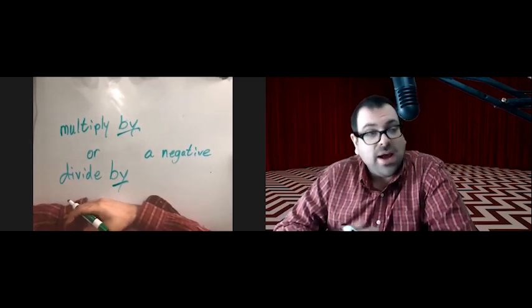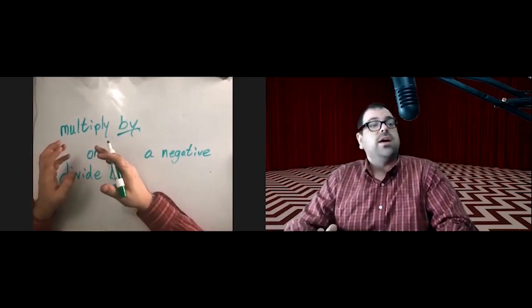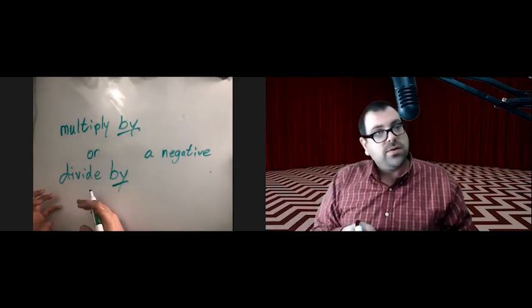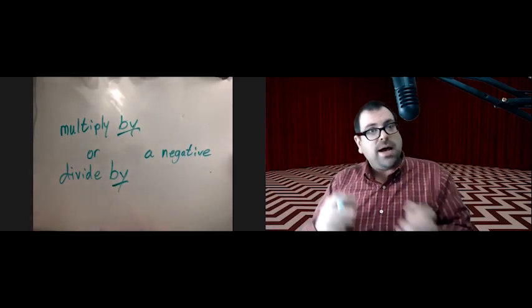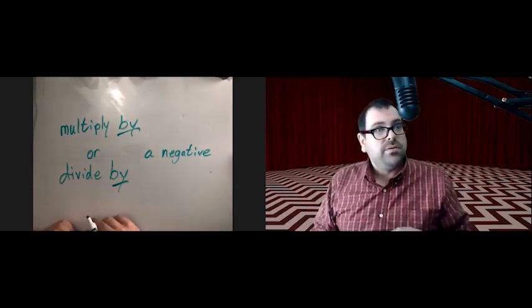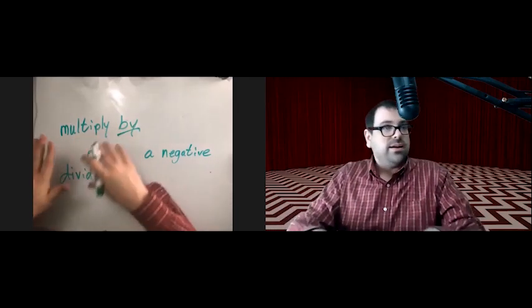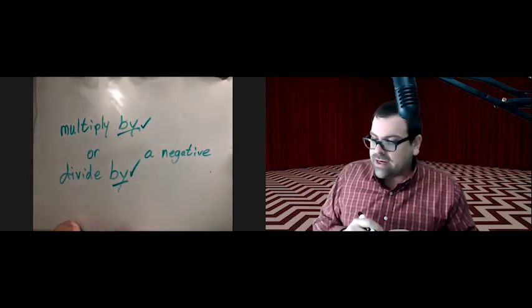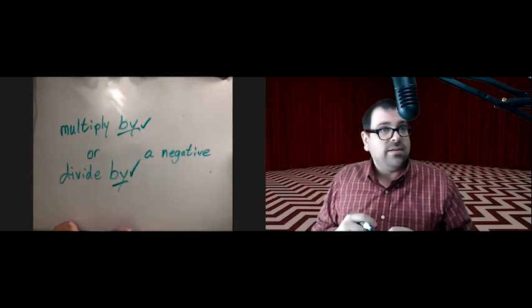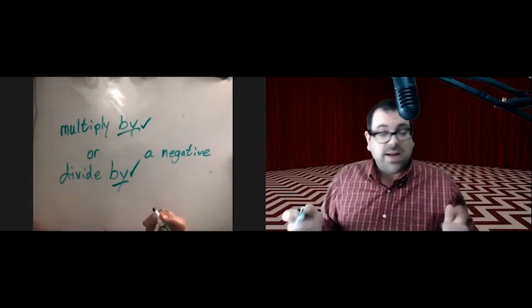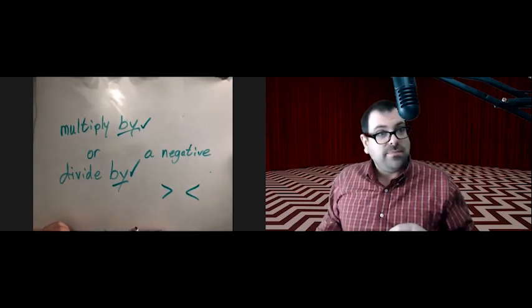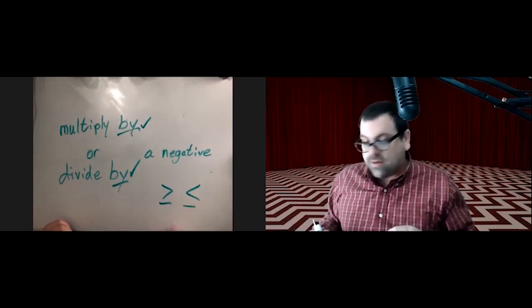It is only when you are taking what is there and multiplying it by a negative number, or dividing it by a negative number. That first number can be positive or negative, doesn't matter. The rule only kicks in if you are multiplying by a negative or dividing by a negative. And here's what happens. If you have that, you switch it to that. If you have that, you switch it to that.